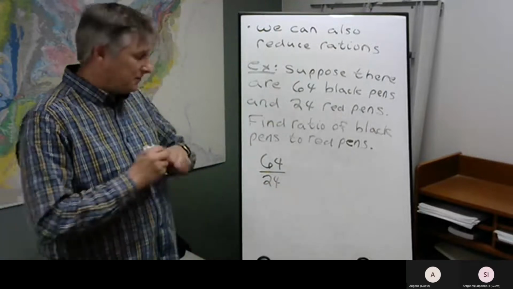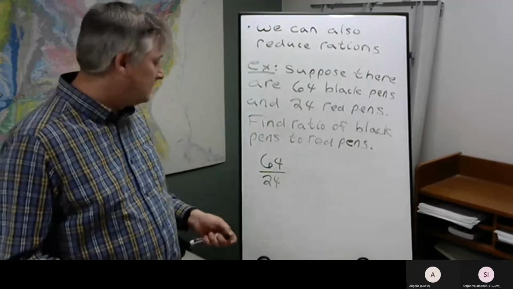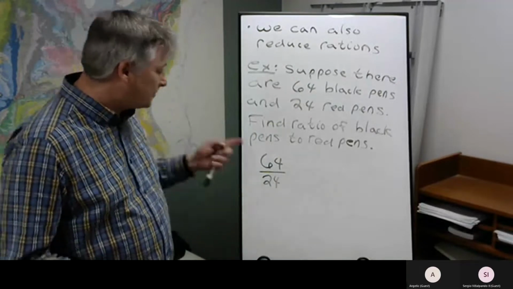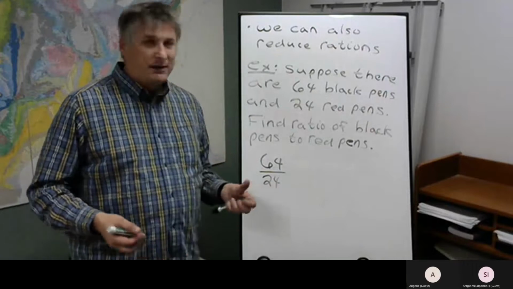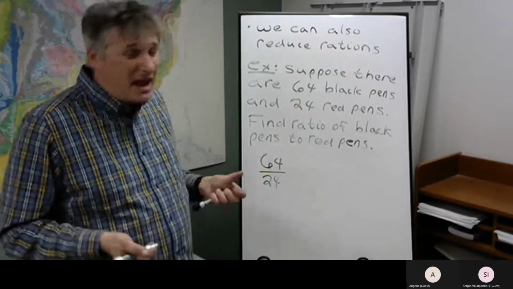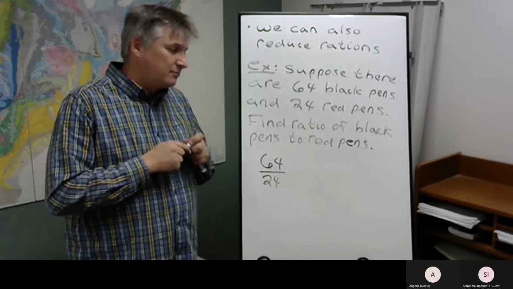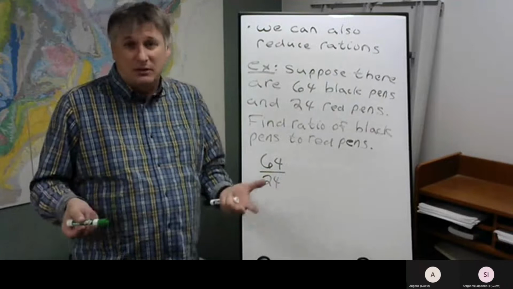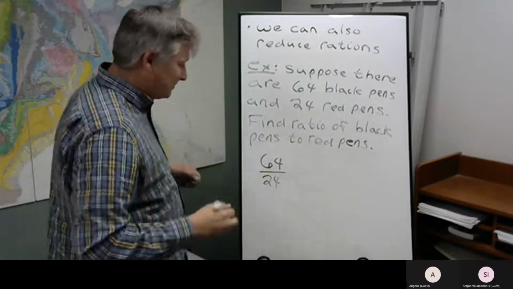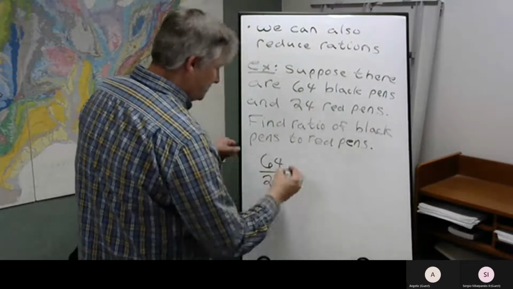Now we want to reduce this. So to reduce this, we want to find a number that divides into the 24 and also divides into the 64, and these divisions don't have a remainder. Now, to be honest, you actually can have a remainder when you're dealing with ratios and rates. That actually is okay. In fact, I can do an example with that. So let's say we can reduce this.